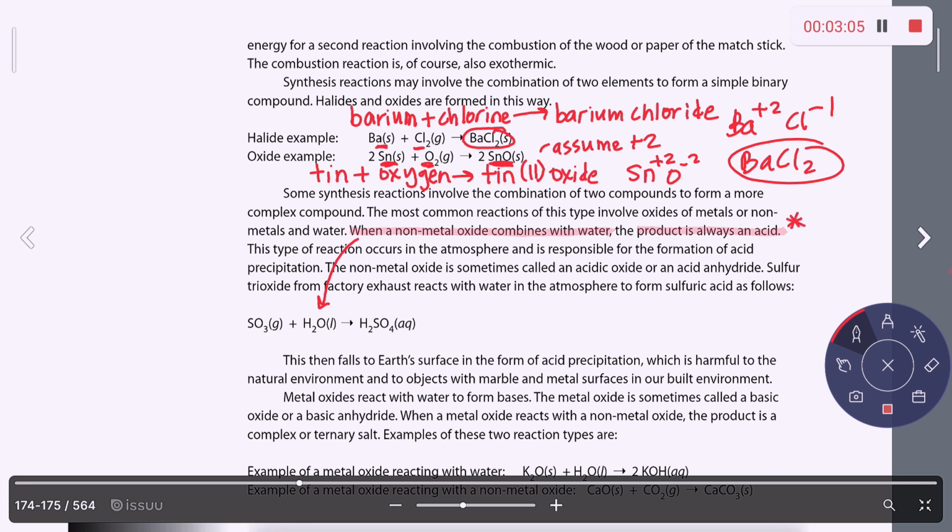Another thing that I would take a look at is metal oxides react with water to form bases. That example would be right here.